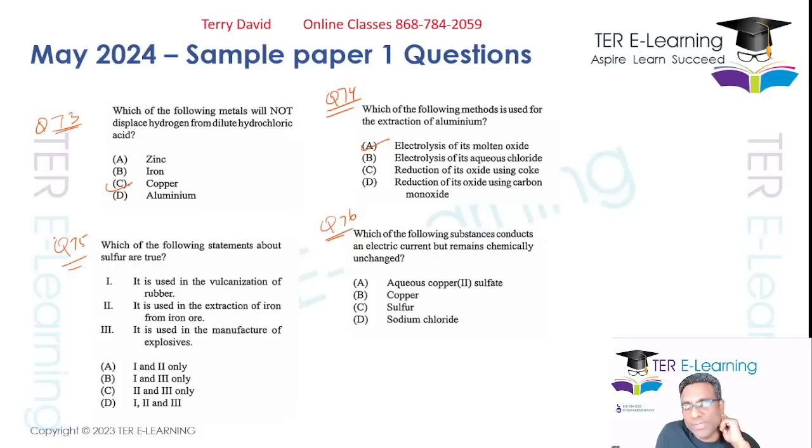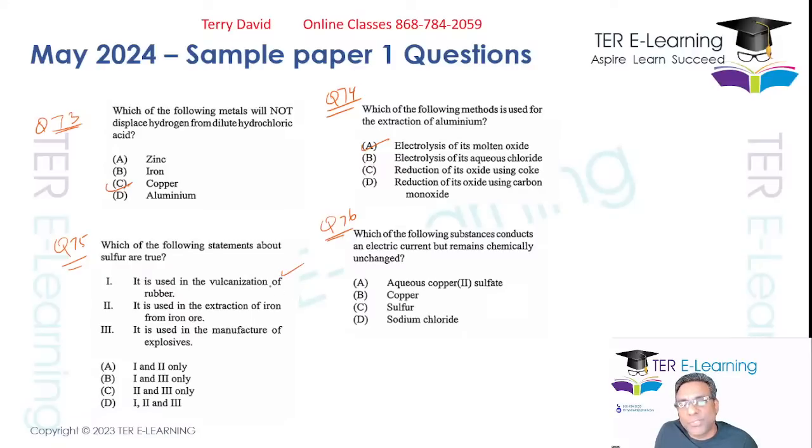Right, which of the following statements about sulfur are true? Right, so 75, I've seen people saying B. So used to vulcanize rubber.